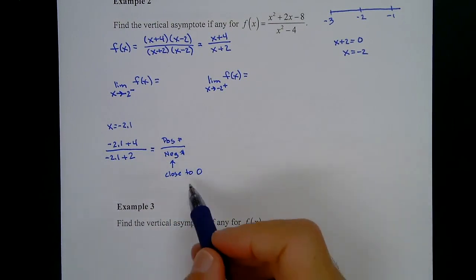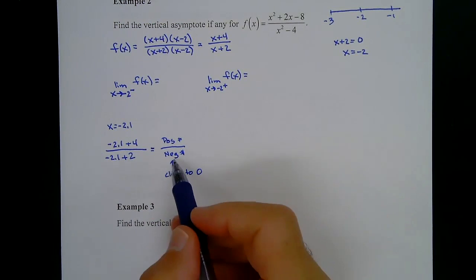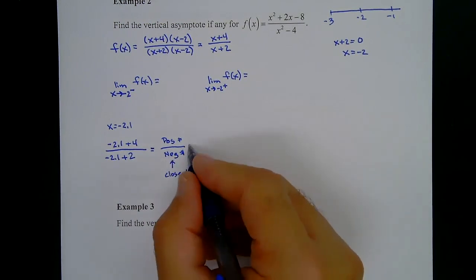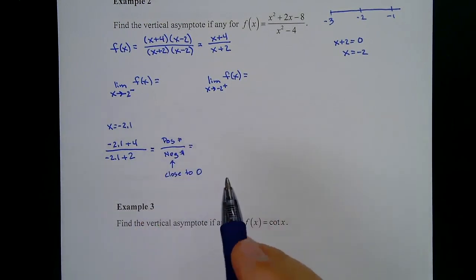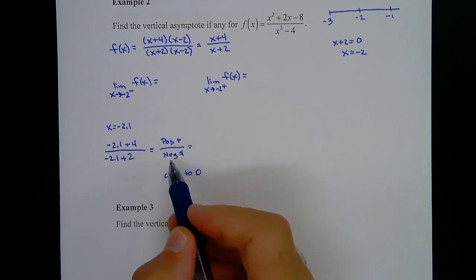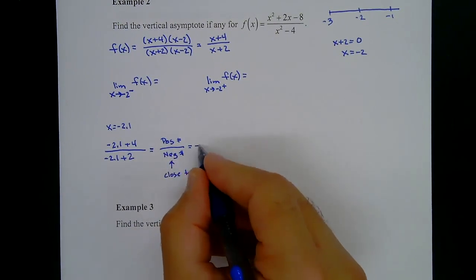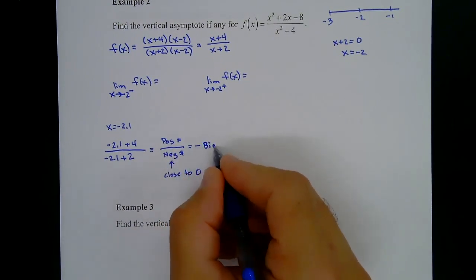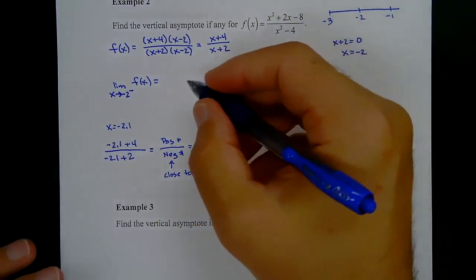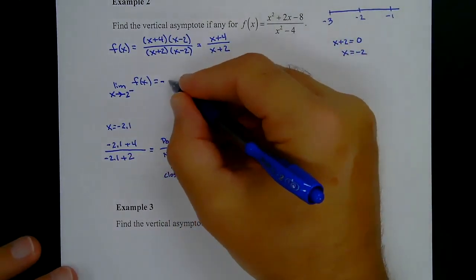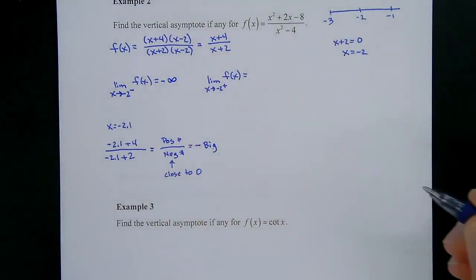Okay, and if that's close to 0 and it's negative, that's going to give us a big number, right? But because the top is positive and the denominator is negative, that's going to give us a negative big number, which tells us up here that this is going to come out to be negative infinity.